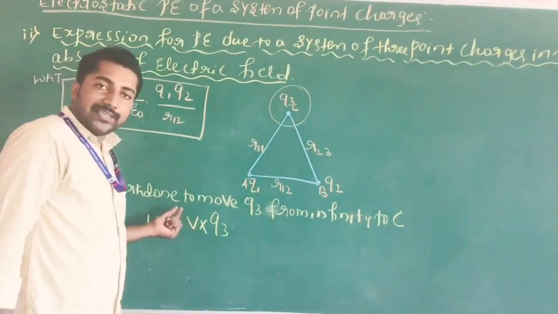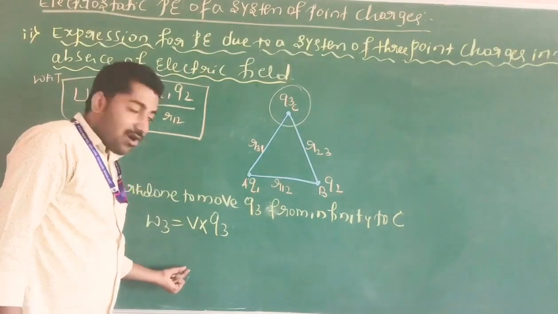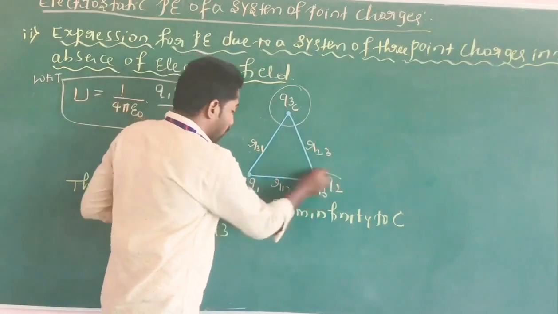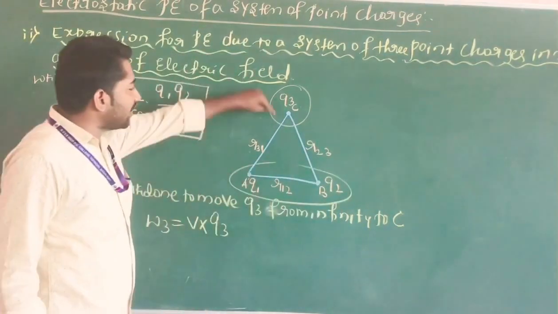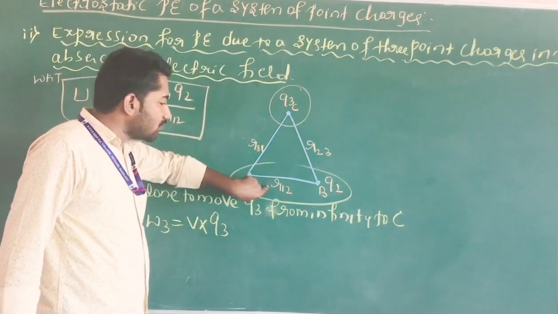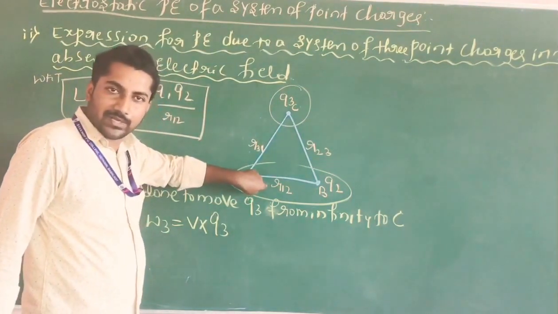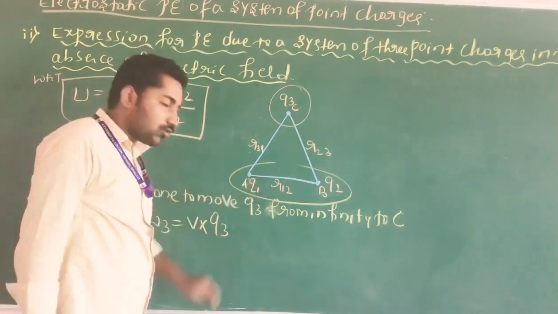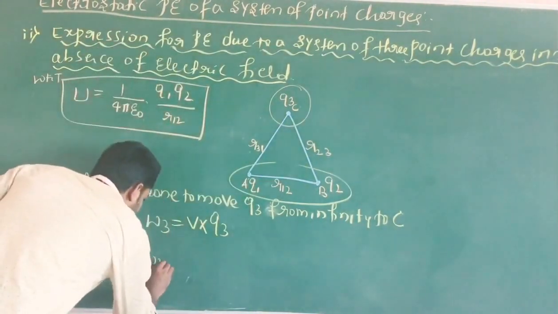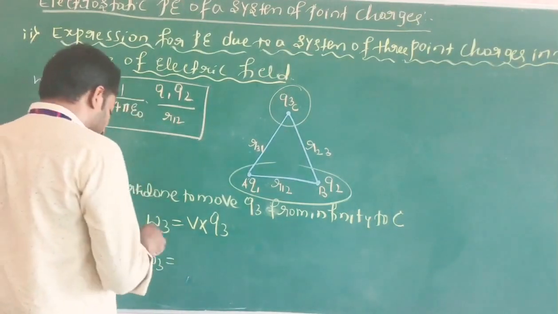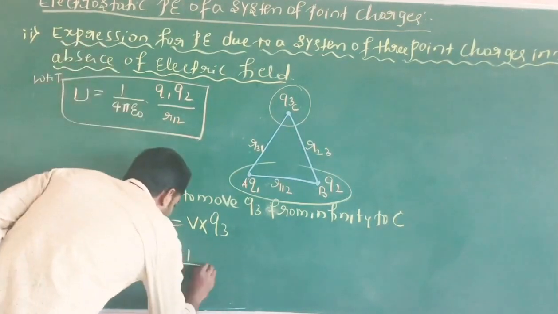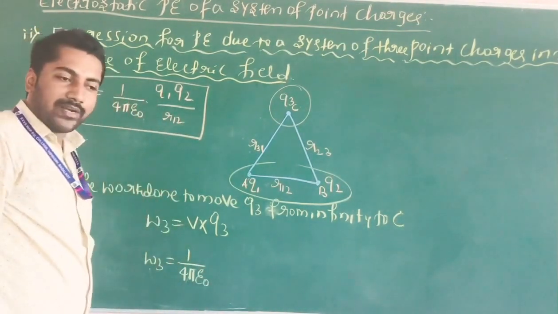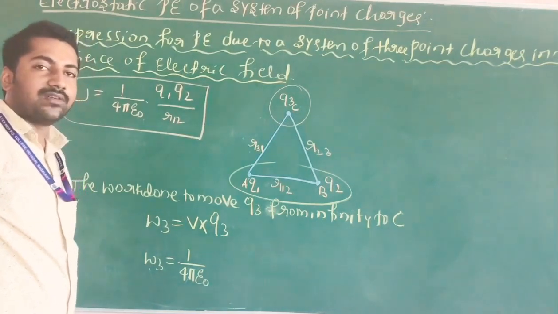V is the electric potential at point C due to the system of these 2 point charges. Already we discussed in the previous classes the electrostatic potential due to the system of 2 point charges. That is, here W3 is equal to 1 divided by 4 pi epsilon naught.